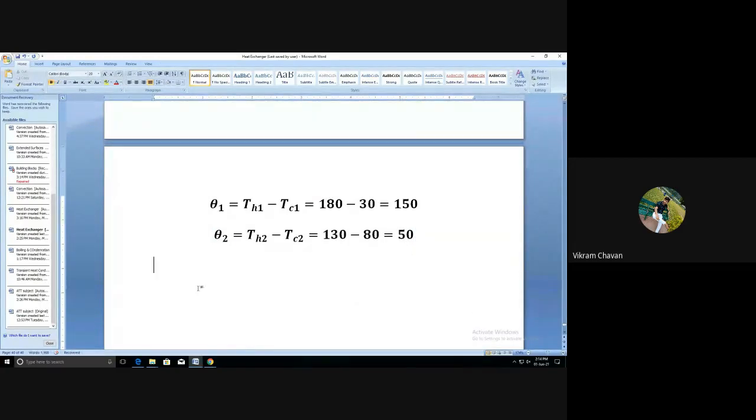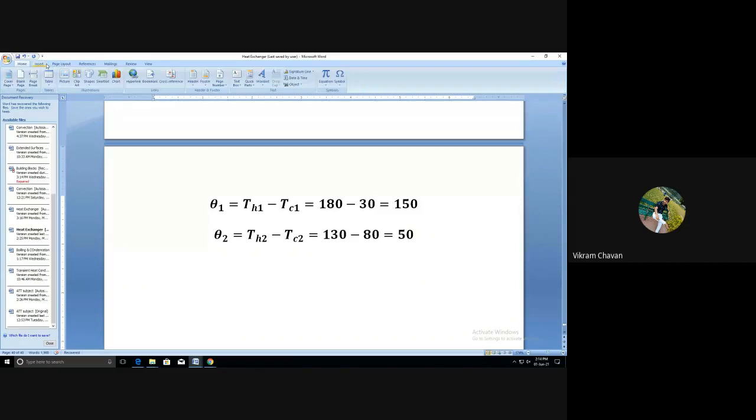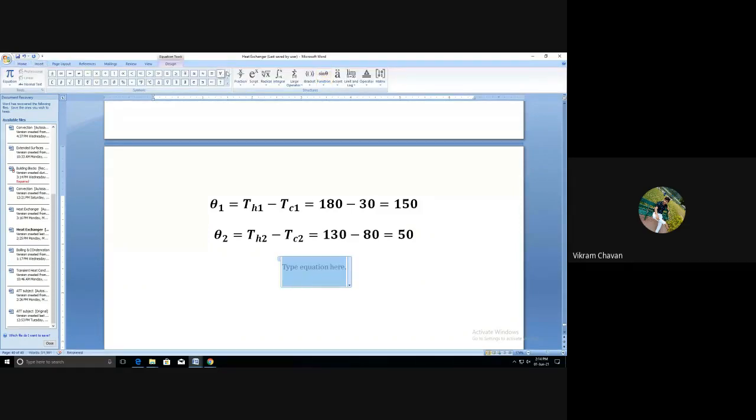Here we have to check whether the ratio theta 1 to theta 2 is greater than 1.7 or not, because we have to decide whether to go for LMTD or AMTD.